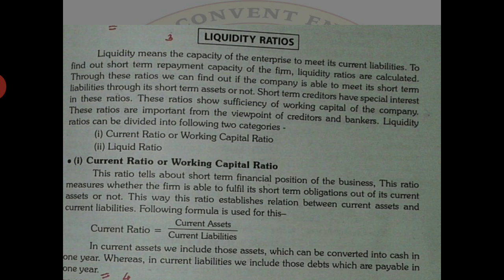The creditors who are giving short-term loans or credit to the firm want to know whether they will be repaid in time or not. So it shows that an enterprise has an adequate amount of working capital, and this is very important from the point of view of creditors and bankers.